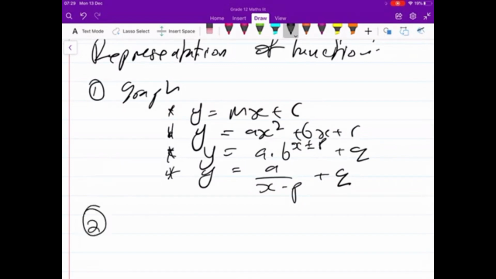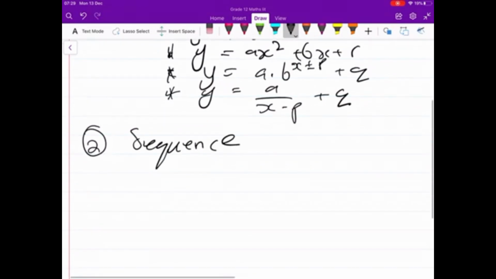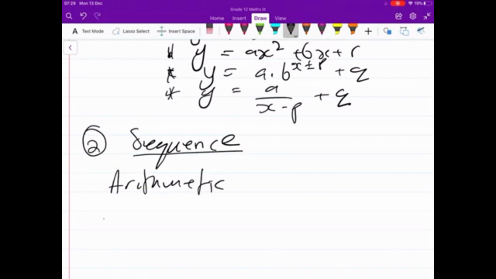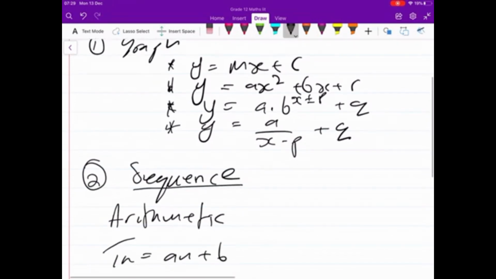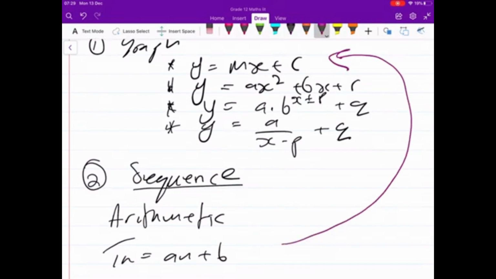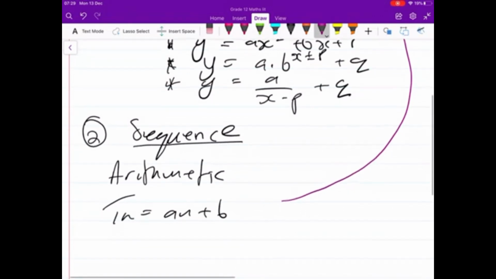But also a function can be represented as a sequence. That's why you know that for an arithmetic sequence, you have the general formula Tn equals An plus B. And if you look at this formula, you would notice that it is exactly the same as the linear function. It's just that the way we are representing the function is quite different.